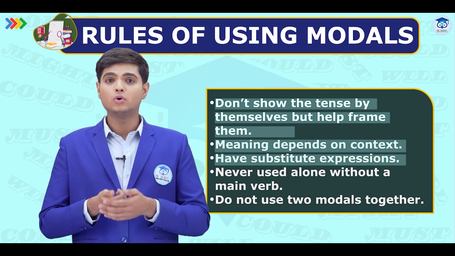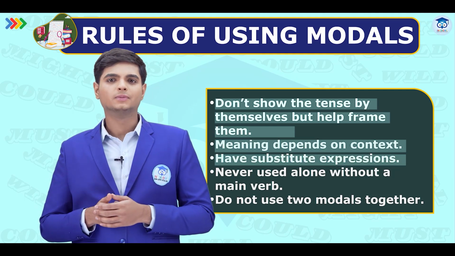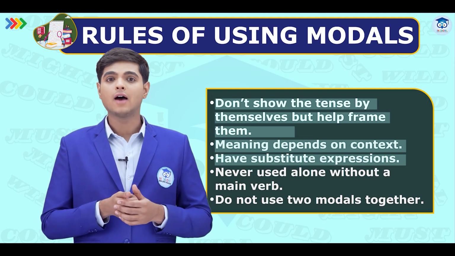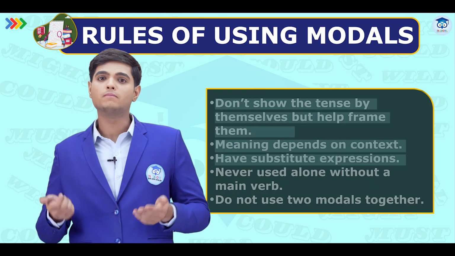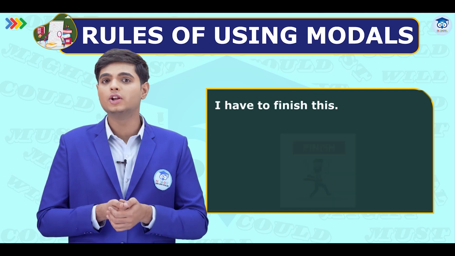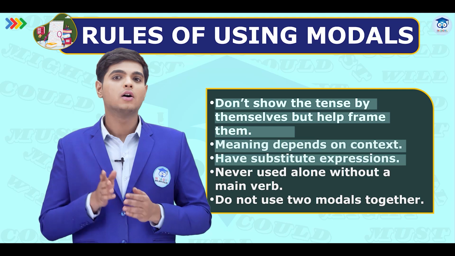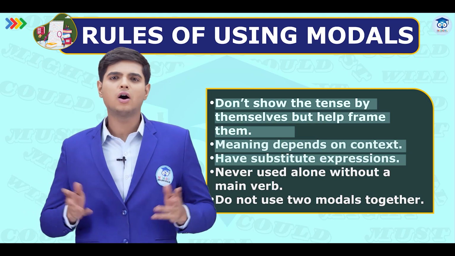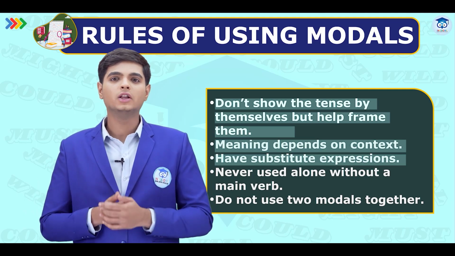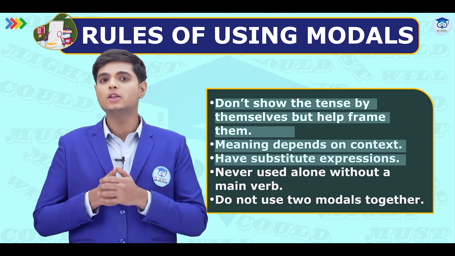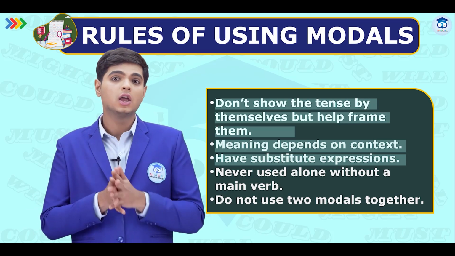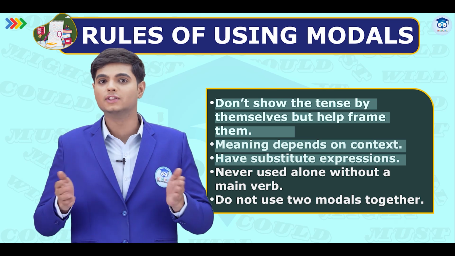When we can't use the modal directly, we replace it. For example, have to can be used instead of must. So I have to finish this is the same as I must finish this. However, must is often used for obligations the speaker feels internally, while have to is used for external obligations imposed by others or rules.